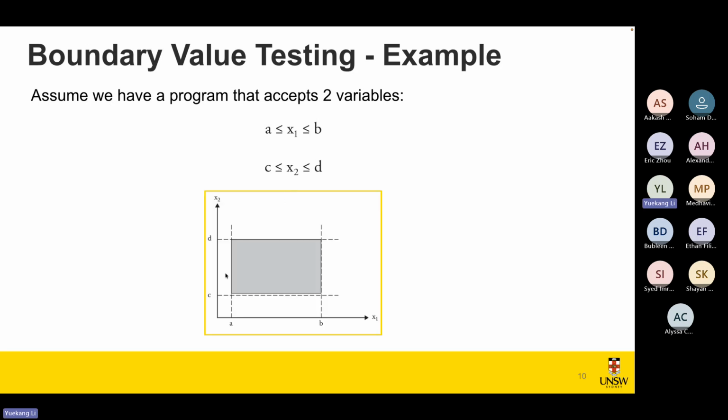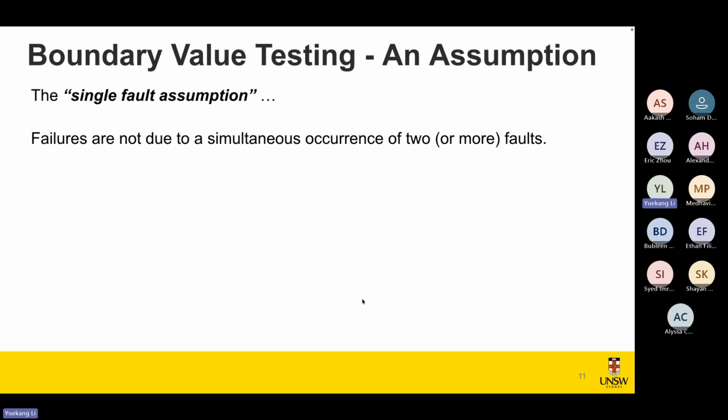If we draw the input space on a 2D plane, it looks like this. The valid input space is this gray area. If the input is within this area, then it's a valid input. Otherwise, it's invalid. So how should we design test cases for this example here?